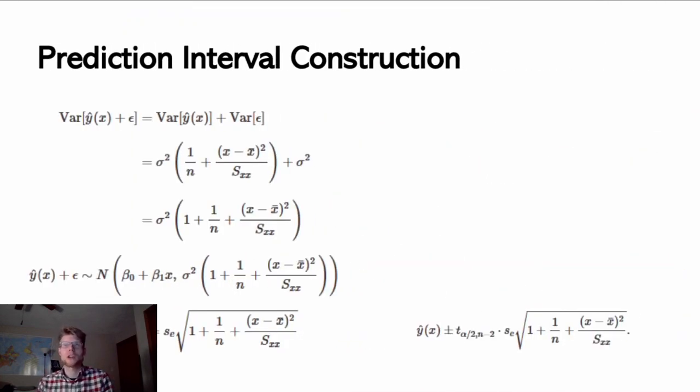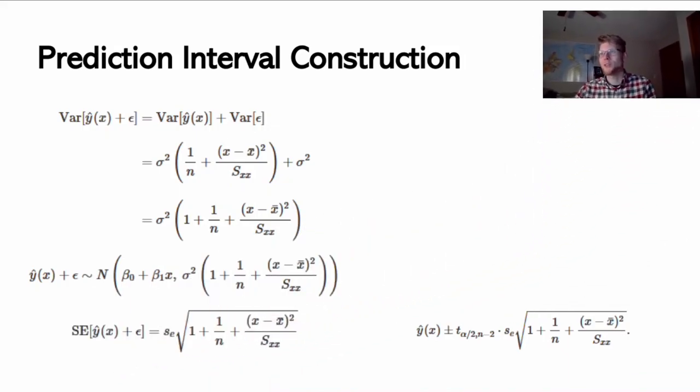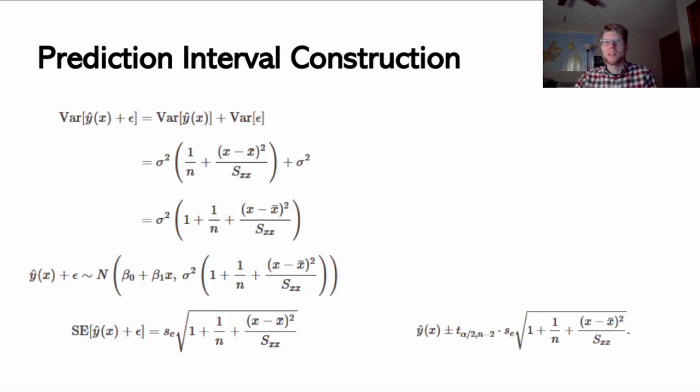Prediction interval construction: again, there's a bunch of math that we don't necessarily care about deriving as much as we like the fact that there is an end result that we can use. The standard error for y bar plus epsilon is going to be a little bit more complicated. It's not just that we're trying to predict the mean response. We're trying to predict the mean response plus whatever the actual residual is going to be.